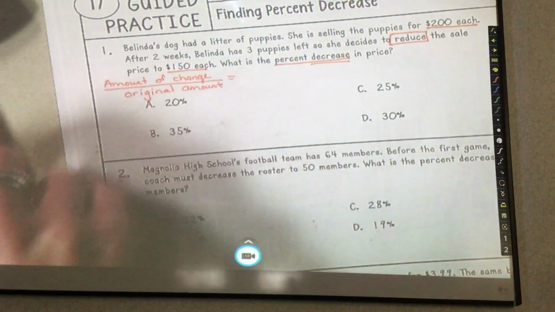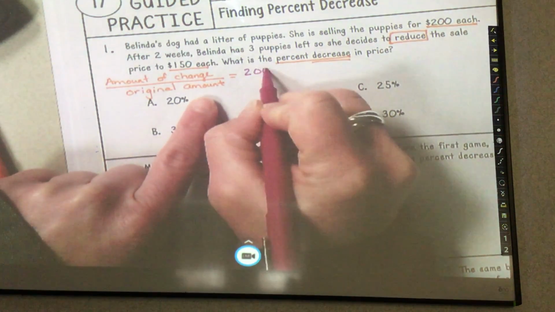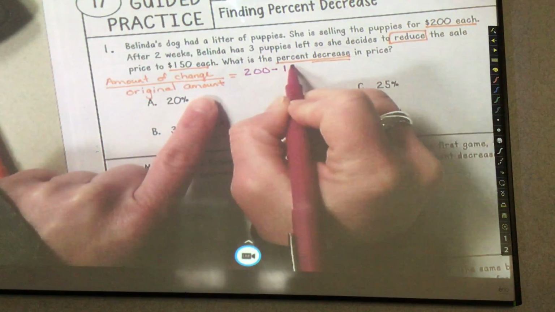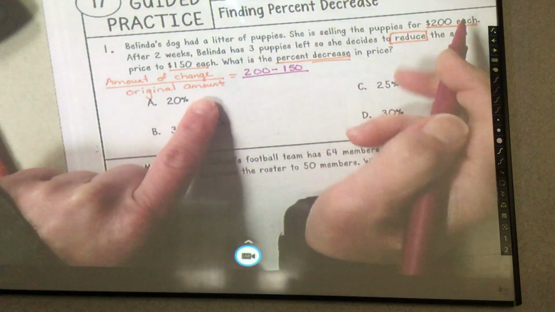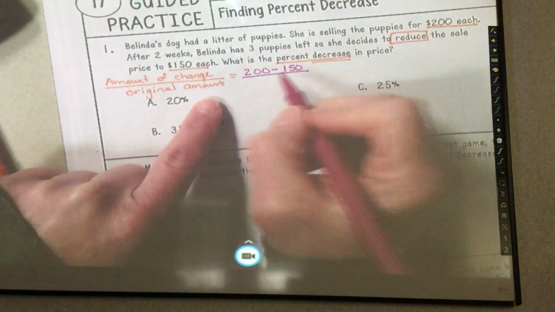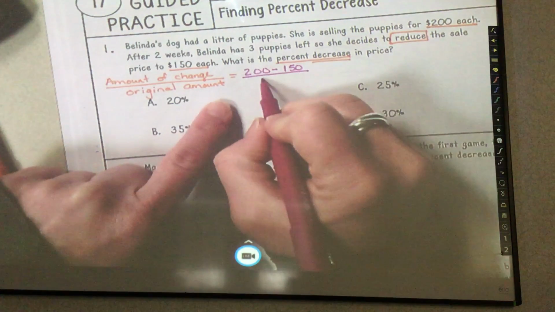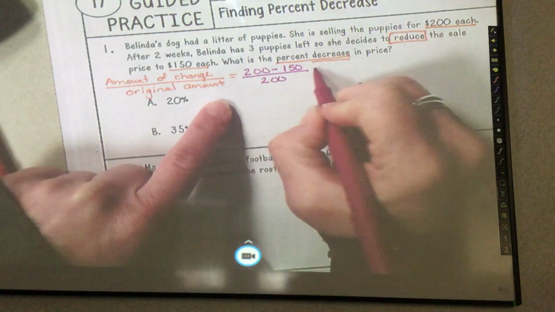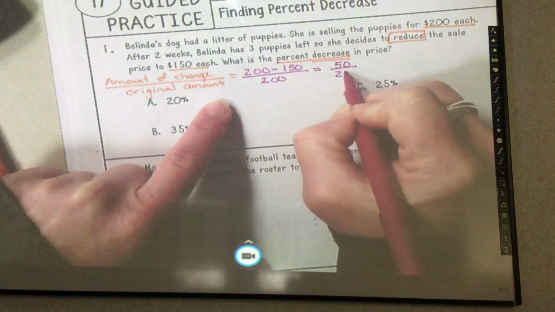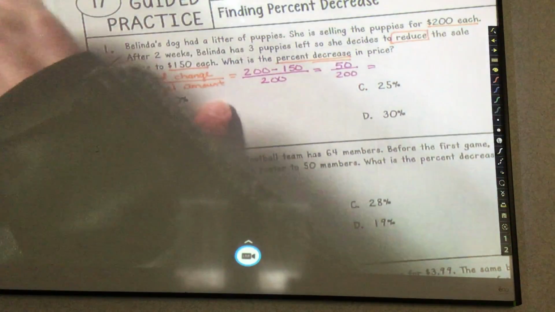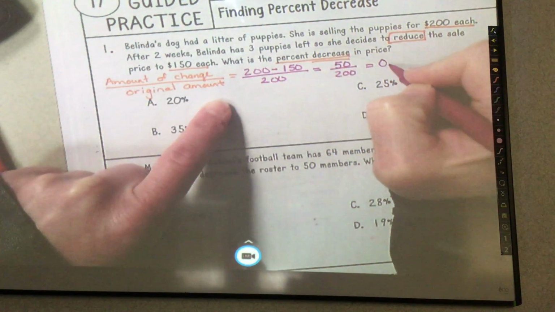So then the amount of change would be 200 minus 150. Even though that's what we started with, you just write 200 minus 150 over what's my original amount? 200, equals 50 over 200. 50 divided by 200 is 0.25.